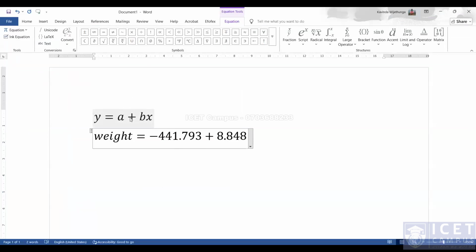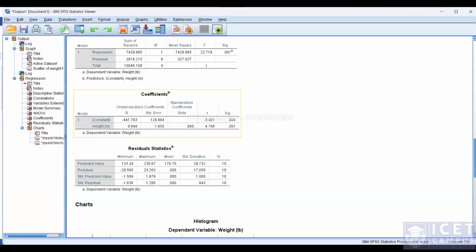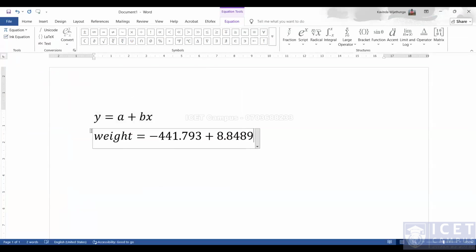X is our independent variable, that is height. So we can write height within brackets. So that is the regression equation.